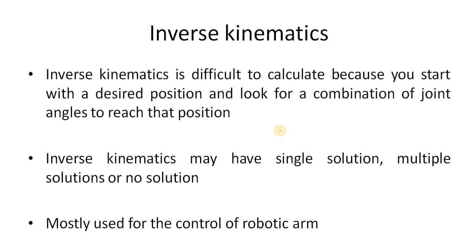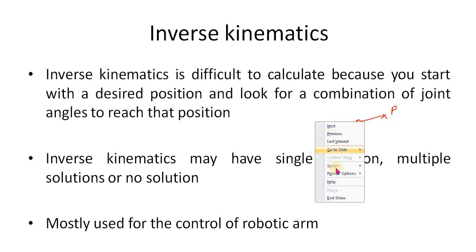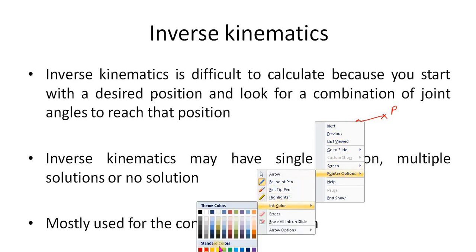So what about multiple solutions? For example, let's say we have to reach a point P. Let's say this is a point P here, call it with X. We know the location of point P, and we have to find the angles that the robotic arm has to make to reach this position. The problem is that there can be multiple options.